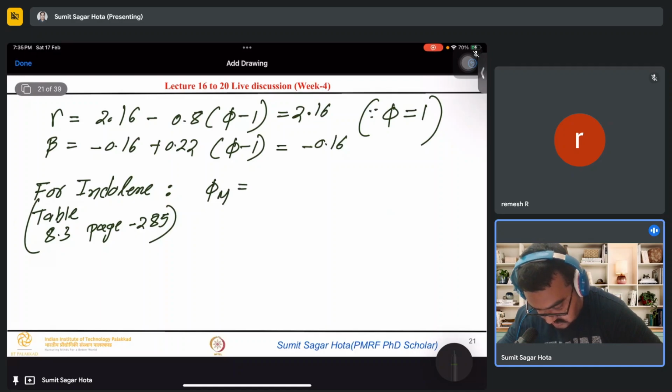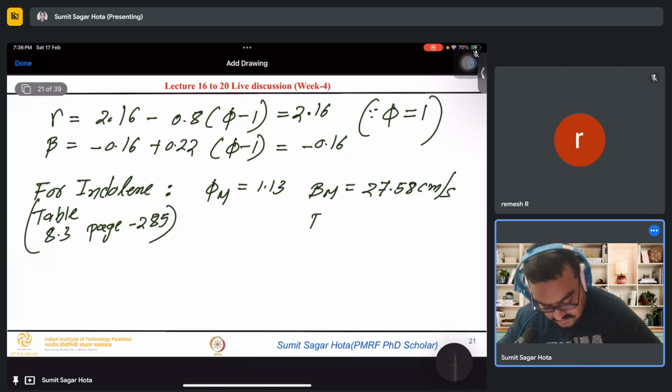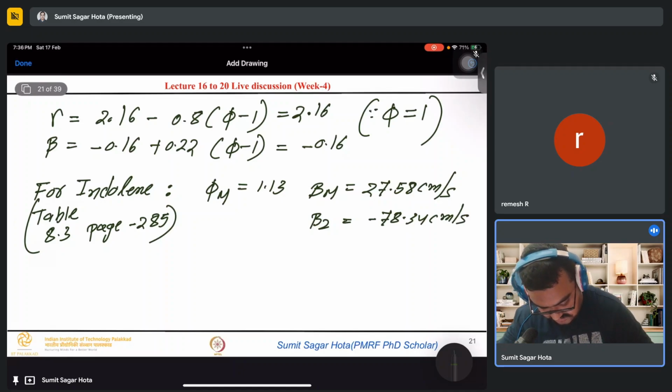Phi m is equal to 1.13, Bm is 27.58 centimeter per second, B2 is equal to minus 78.34 centimeter per second. They should give you phi m, Bm and B2 values in your exam. Now we are all set to find SL,ref, the reference laminar flame speed.